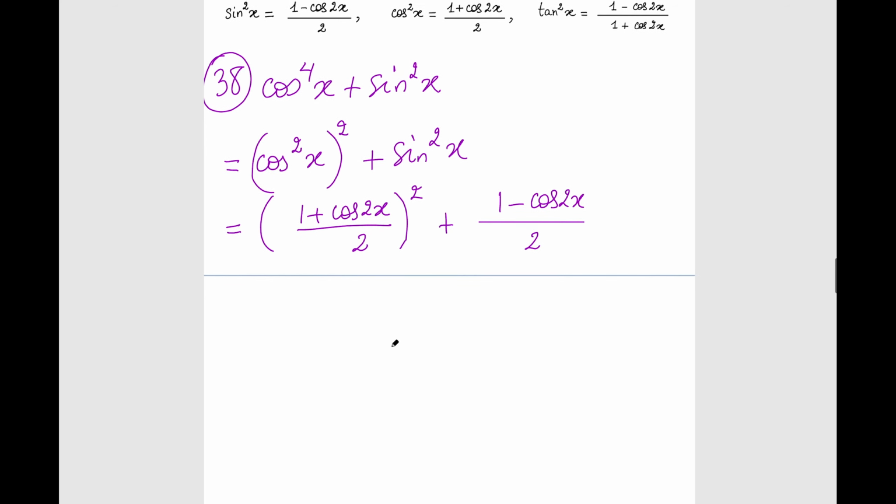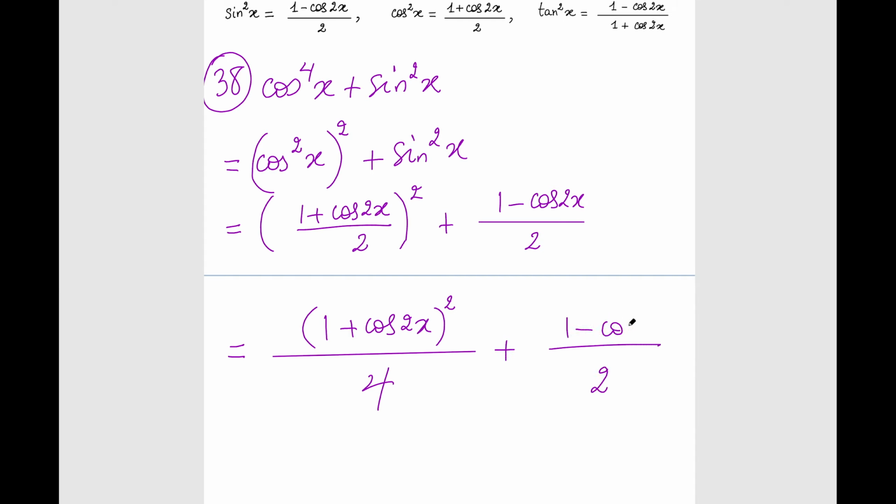And the square of this is going to be, well, the denominator is 4 because it's the square of 2. And upstairs, this is the square of the sum, which is 1 plus cosine 2x, plus that quotient.